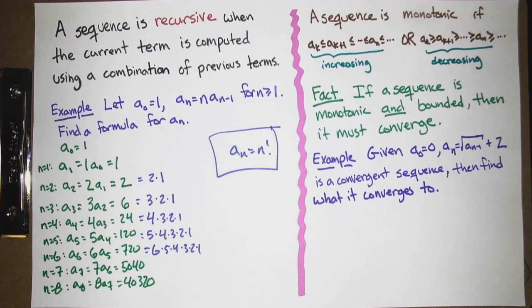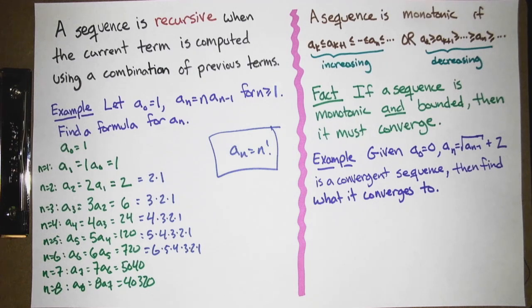Oh, Calc 1, we were so innocent back then. But we talked about monotonic. Do you remember what that was attached to? So it's attached to the first derivative. And we've said monotonically increasing or monotonically decreasing.